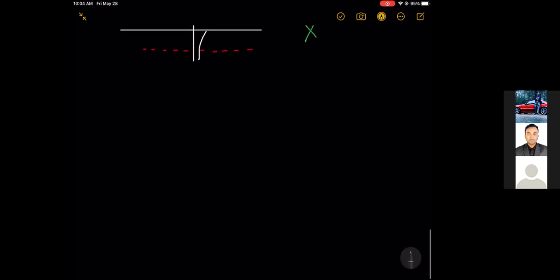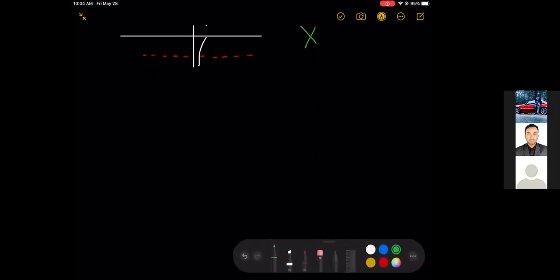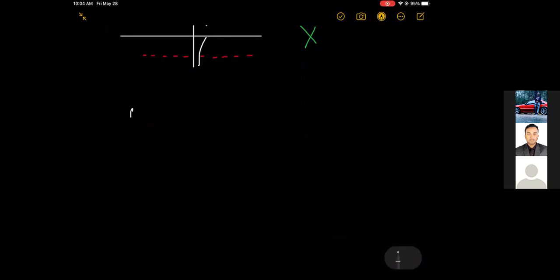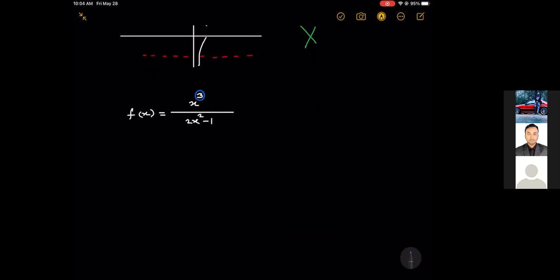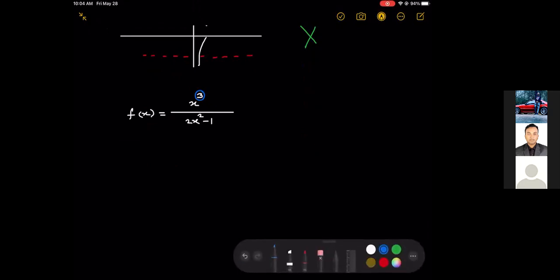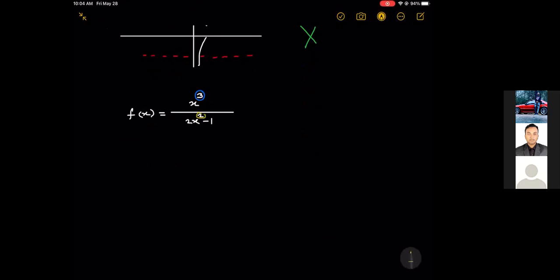Okay, let's see one example of this as well. All right, so let's say our function is x cubed over 2x squared minus 1. Now again, the degree of the numerator is 3, and the degree of the denominator is 2.